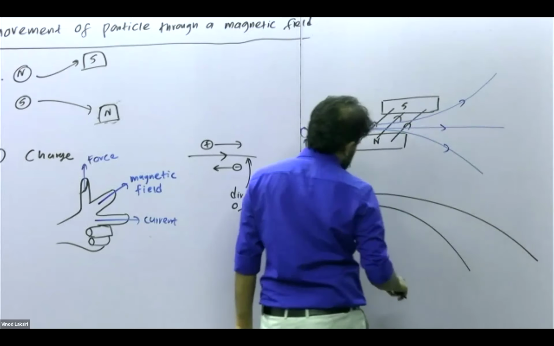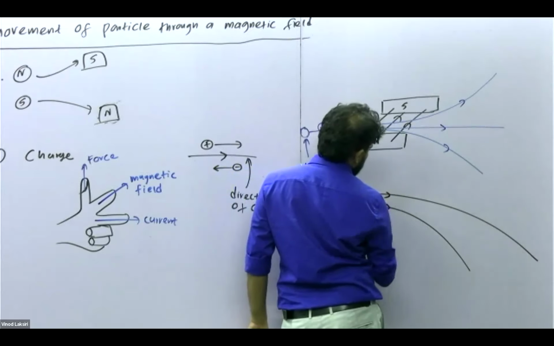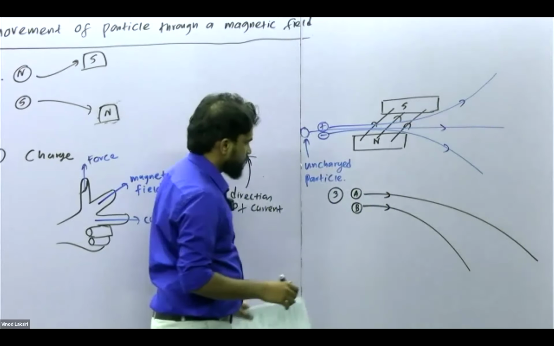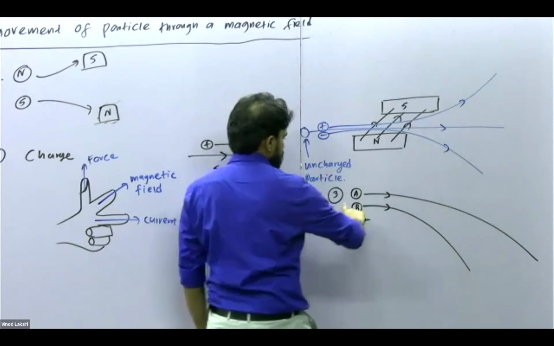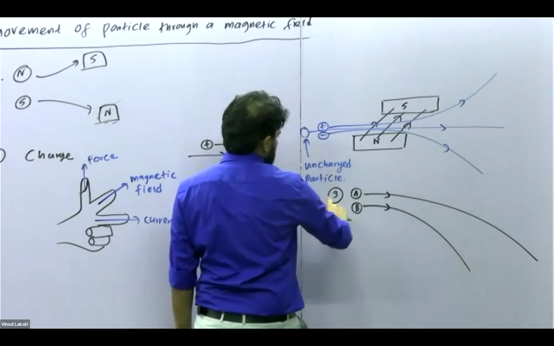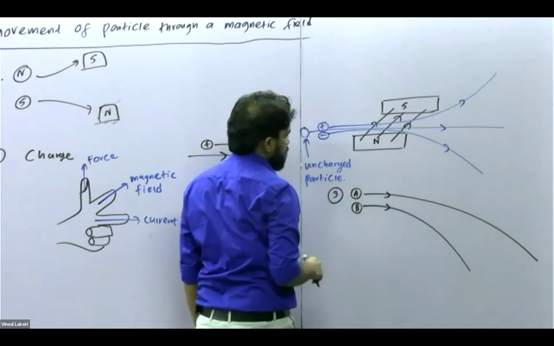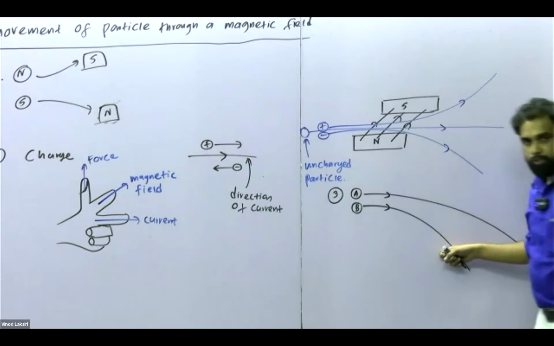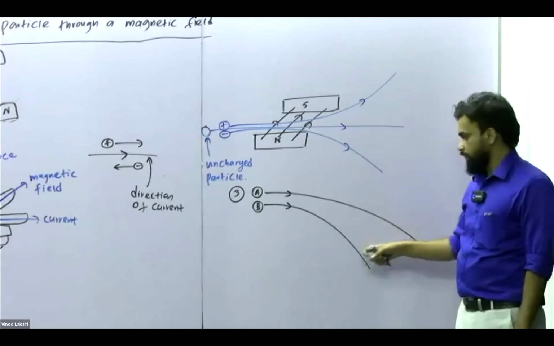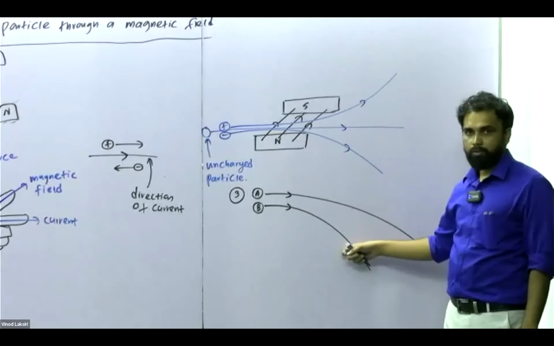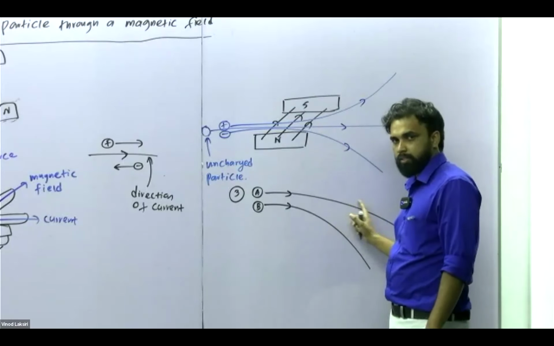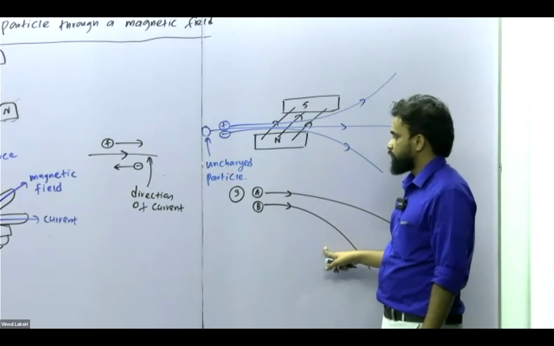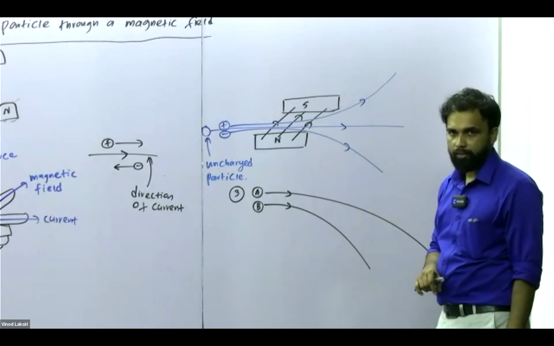By comparing the deflection of A and B, we can say the deflection of B is higher than A. We can complete the circle of each path, and the radius of path B is lower than that of A. Therefore, the deflection of B is higher than A, right?